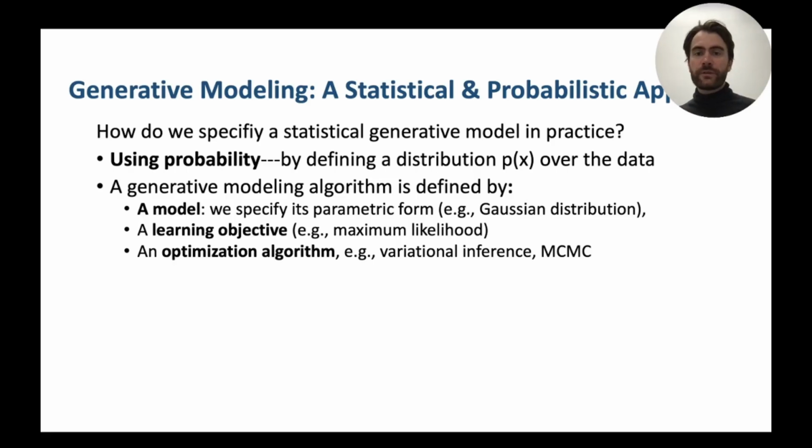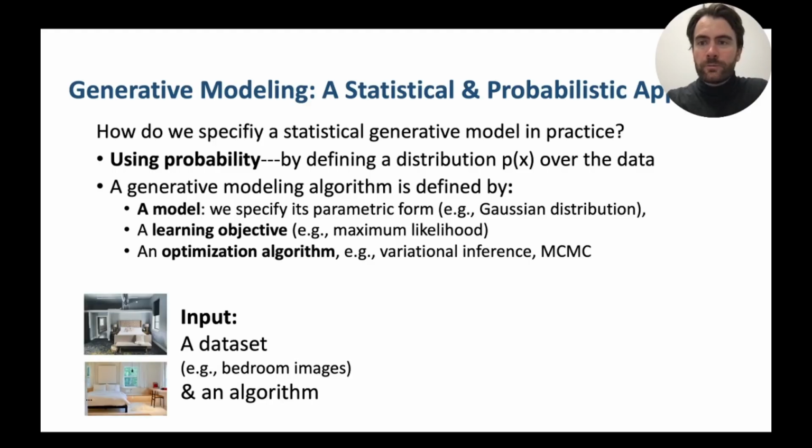But these are details. At a high level, any learning algorithm, like the ones that we are interested in working with in this course, will be defined by three components: a model, a learning objective, and an optimization algorithm. Now, once we have defined an algorithm, the process for using that algorithm will look as follows.